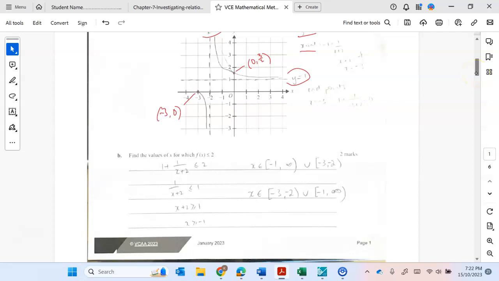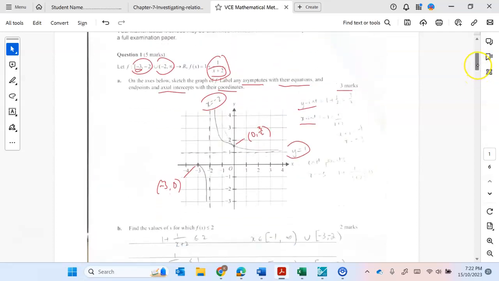Find the values of x for which f of x is less than or equal to 2. Remember, f of x is your y, basically. So we want less than or equal to 2. If I draw a dotted line, and now if I did this on my actual exam, I would possibly be running the risk that those 3 marks I got will go away.